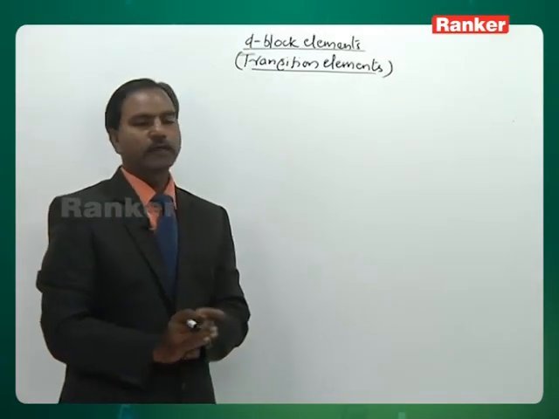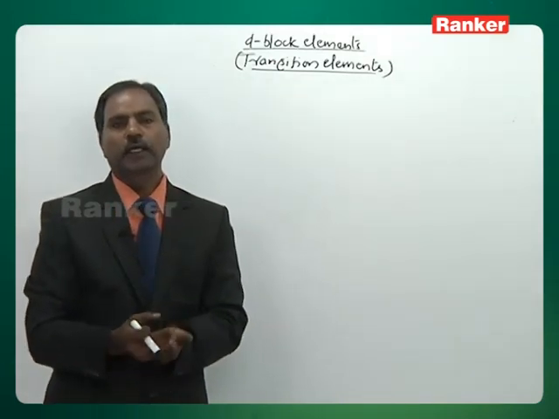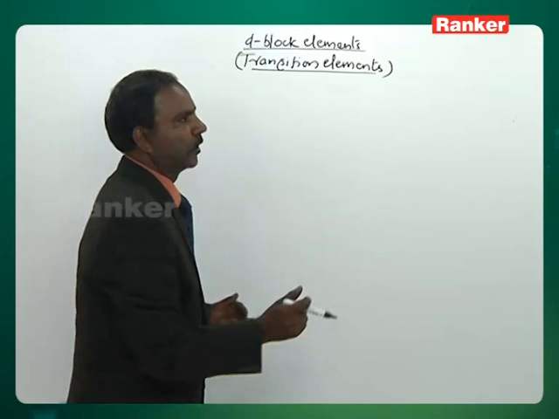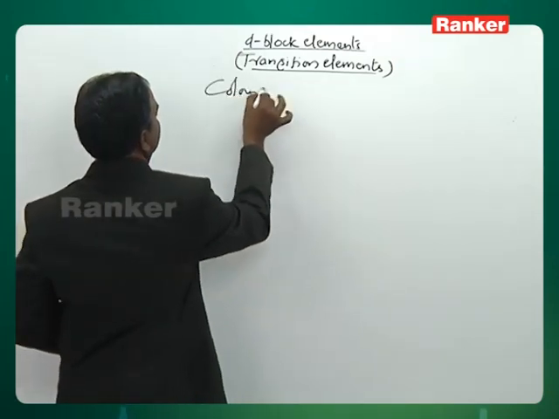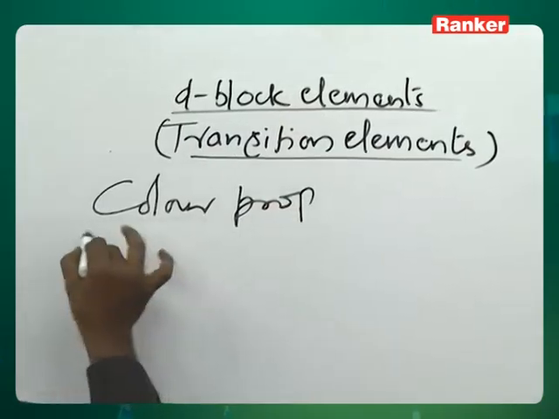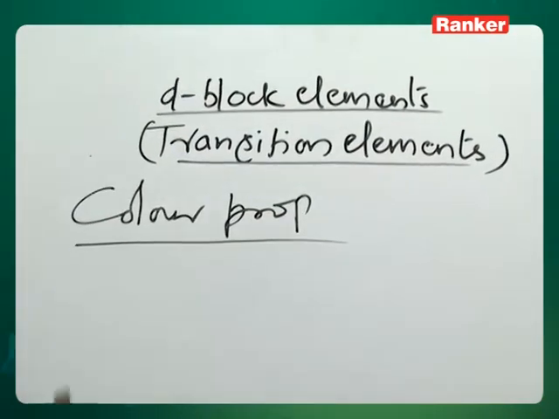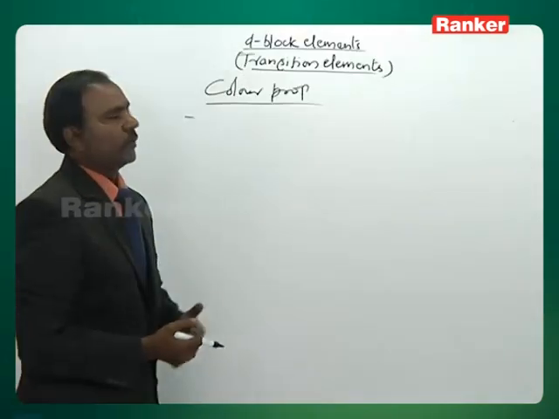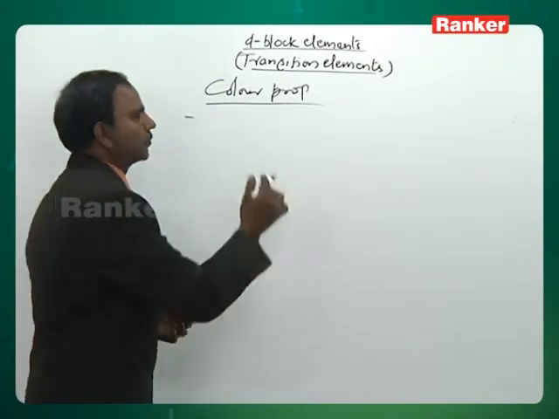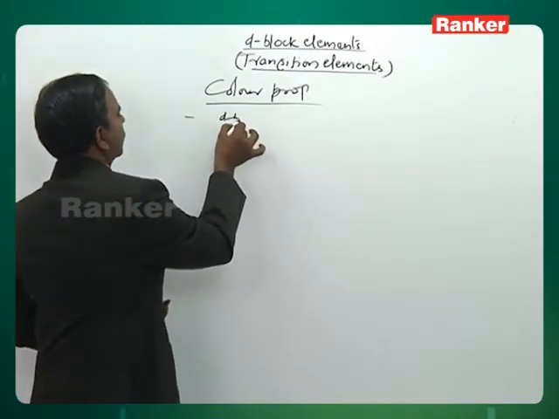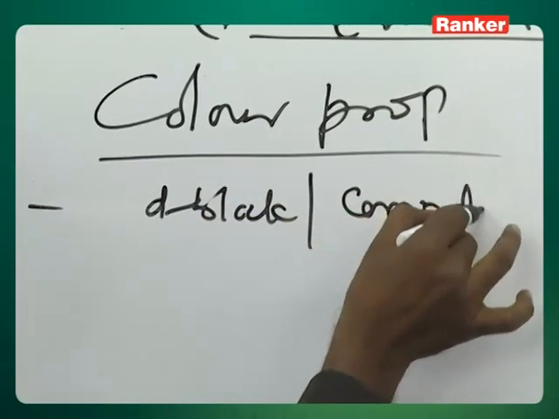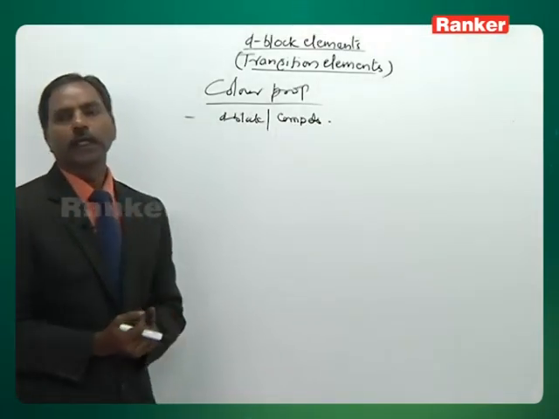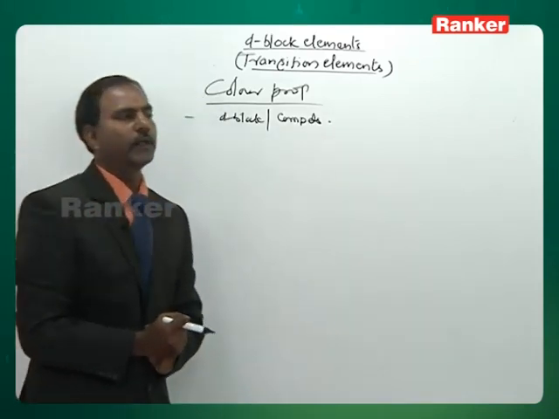Next, magnetic properties were completed. Next, let us see color properties of d block elements. Most of the d block elements and their compounds exhibit color.